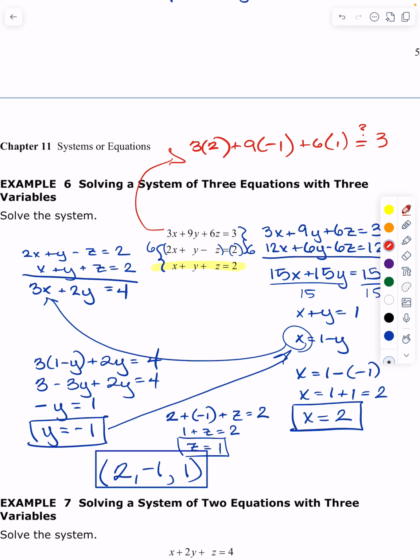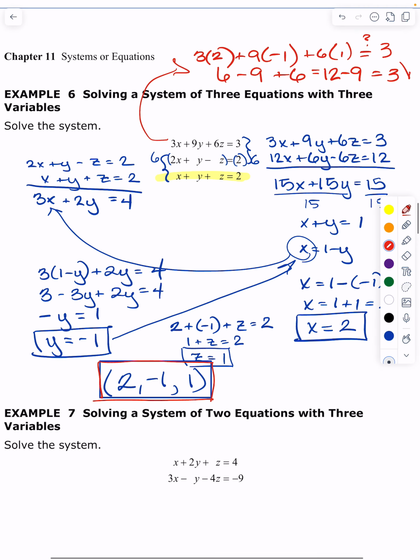So I'm going to check. I got 6 minus 9 plus 6 is 12 minus 9, which is 3, so it works there. So I've done that and checked it again. The ordered triple, again in order, x, y, and z.